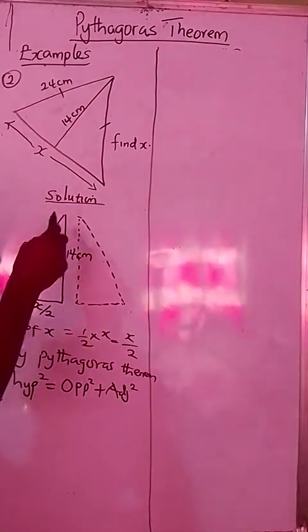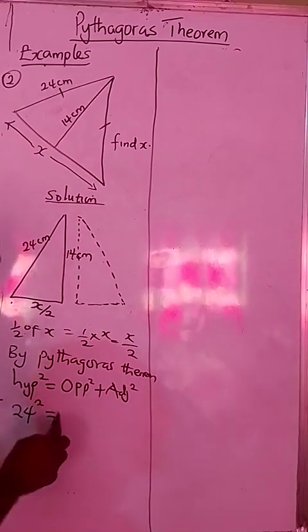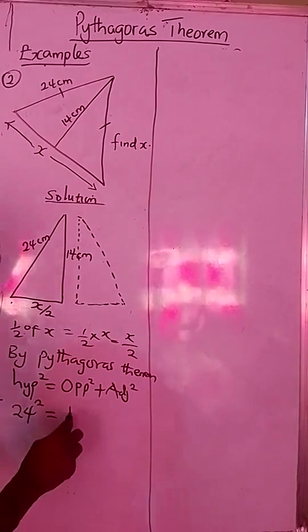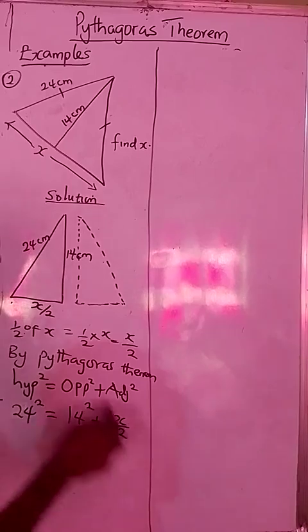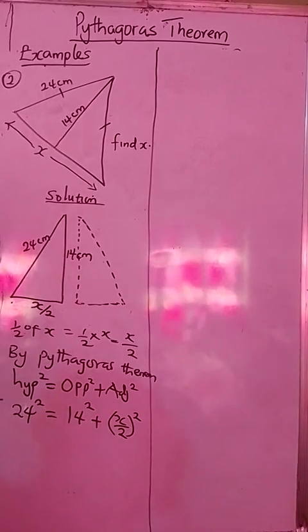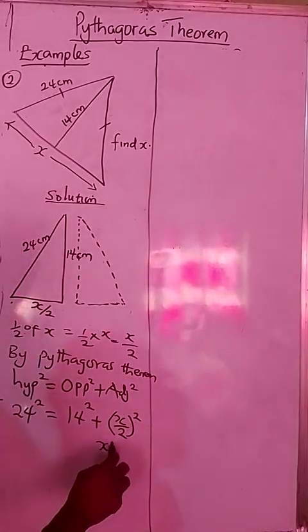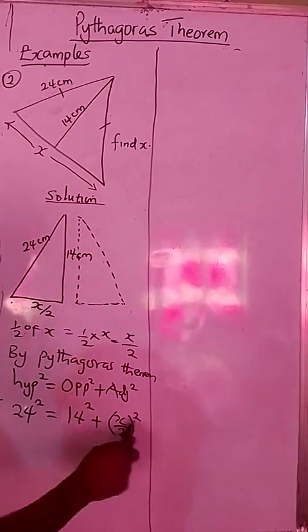So our hypotenuse is 24 square because our opposite is 14 square. Our adjacent is x over 2, right? You have to bracket it square. Do not say x squared over 2. No, this is referring to x squared over 2. But this is x squared over 4.